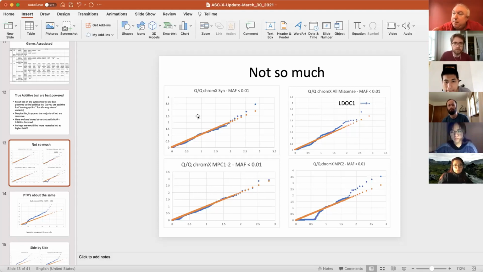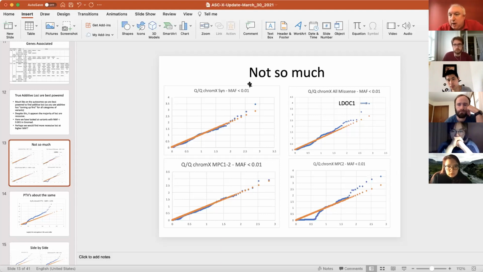So if I order my observed p-values, and I expect the most significant one to be like 1 over 1,000, the next one to be like 2 over 1,000, I can ask whether the observed p-values, ordered from the least significant to the most significant, and then maybe taken on a log 10 plot, represent what I would expect from a null model.